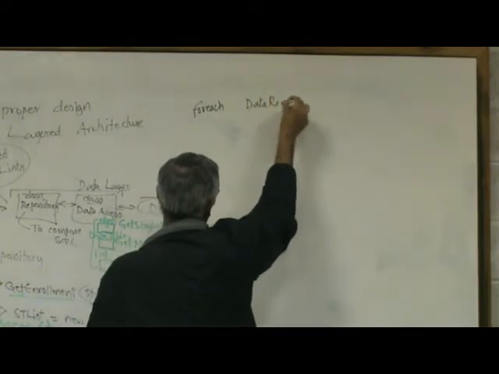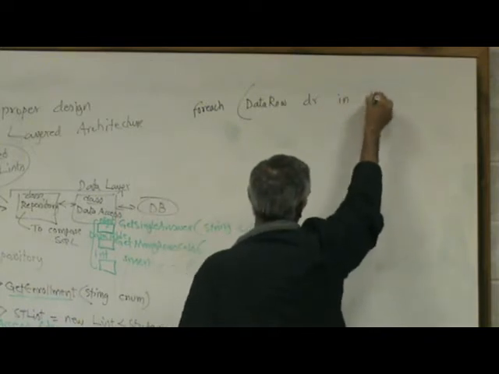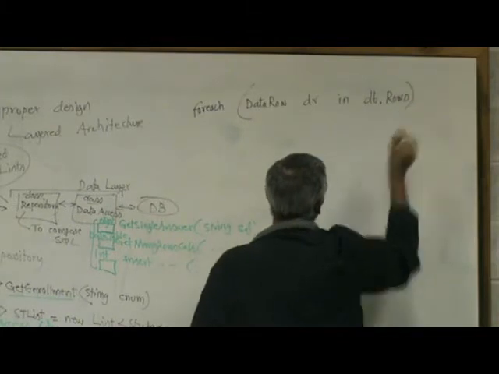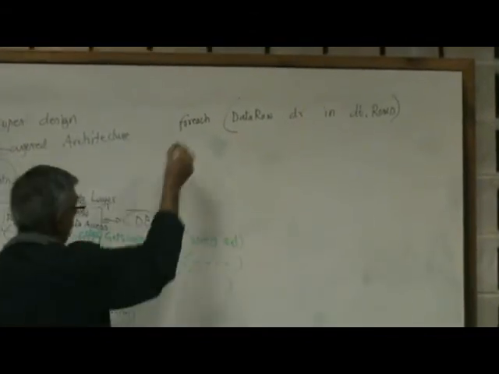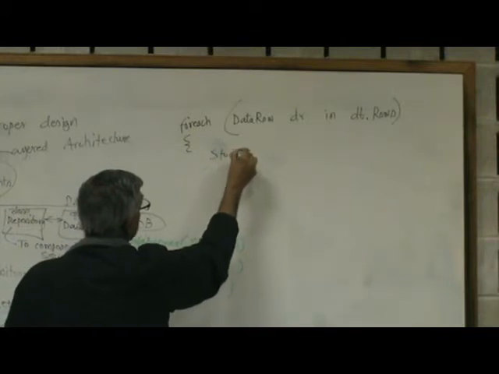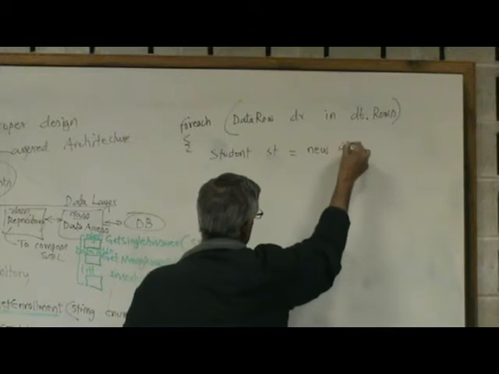So data row is a built-in class in data table contains a rows collection. So we can go over every row in the data table. Okay? And once we loop through it, we can create one object of student st equal to new student.